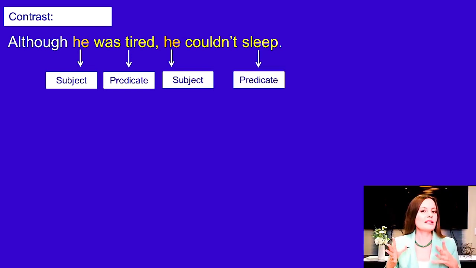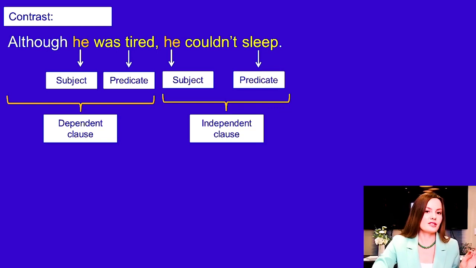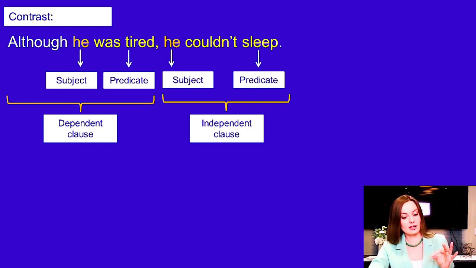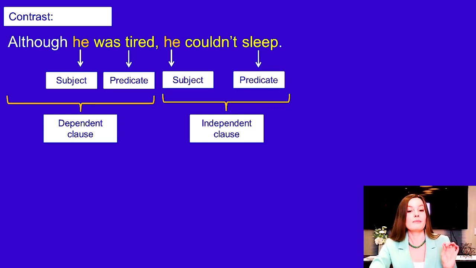But let's think, what is an independent clause in this sentence? Of course, he couldn't sleep. It's a fact. It can exist by itself, right? It's an independent clause. Although he was tired is a dependent clause. The dependent clause, although he was tired, presents a contrast to the main action.